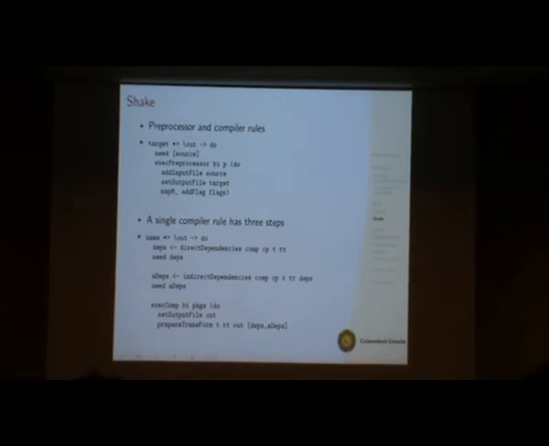The compiler rule is slightly different because first I get the direct dependencies, which for an object file is the Haskell file, and indirect are the interface files of the imports. This last code is slightly compressed to make it fit the slide, because I had to make sure imports which don't refer to local files but refer to package files don't end up in build rules, because then we'll just complain, I can't find that file locally, which is exactly what we want.